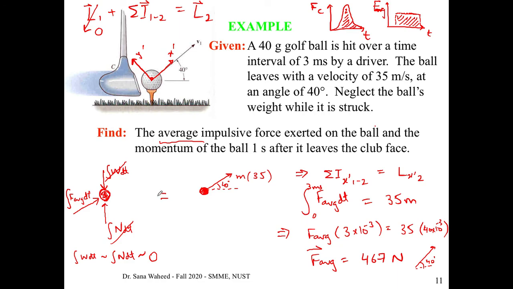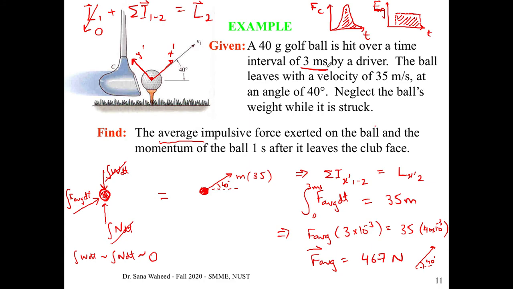Ma'am, they didn't ask us for the average impulsive force and the momentum 1 second after it leaves the club face, so the impulse wouldn't be at the starting position. The force isn't acting after that, so it only acts for these 3 milliseconds and then after that it's gone, right? So it's as if this 3 milliseconds is representing the point of contact, the point at which we're hitting it. I haven't reached the next part, the momentum after 1 second.